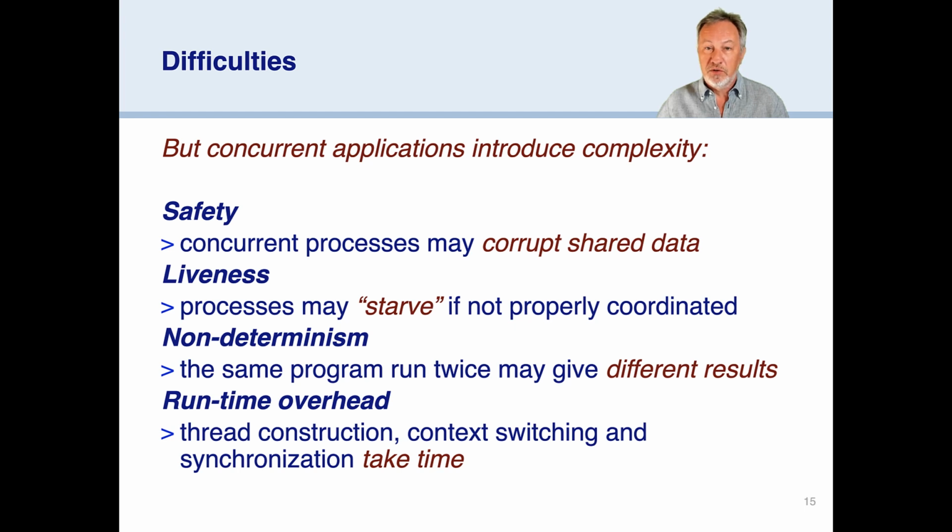In a worst case scenario, you may even have deadlock, where all of the processes are waiting for each other and end up getting blocked. A related theme, which is very important in the concept of liveness, is that of fairness. So you not only want to make sure that all processes make progress, but they do so in a fair way. We'll also have a look at that.